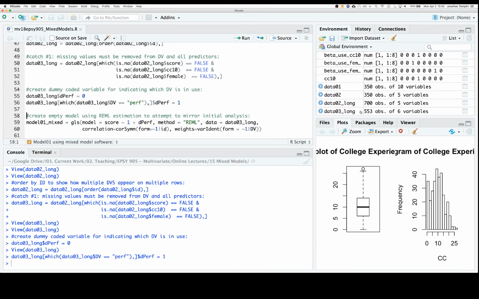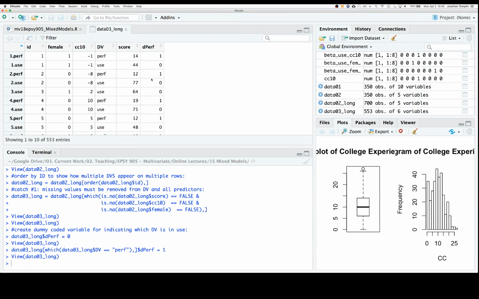So now when I enter that, you'll see in the data themselves, everybody where this dv says perf gets a 1 here. And sure enough, dperf, this variable, is now going to be entered into our analysis, into our model, because it is needed to differentiate the scores from the two dv's in the analysis.